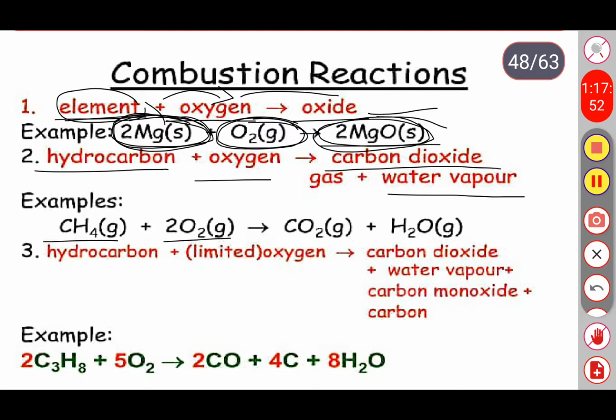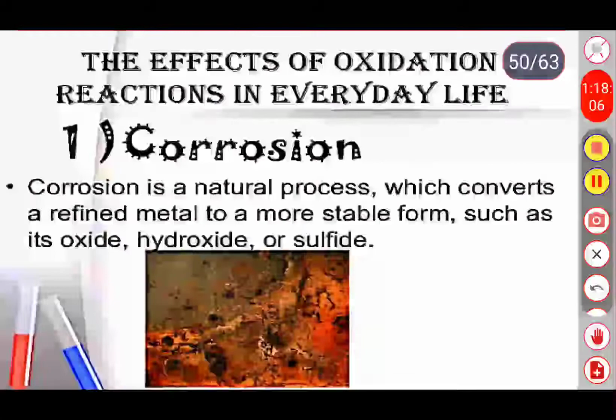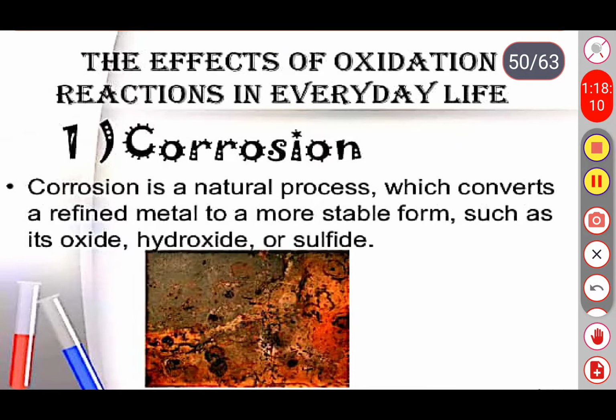Next one. So these are all some types of chemical reactions. The first one is combination reaction, second is decomposition reaction, third is single displacement reaction, fourth is double displacement reaction, and fifth is oxidation and reduction reaction.